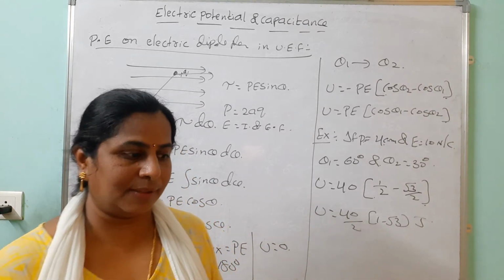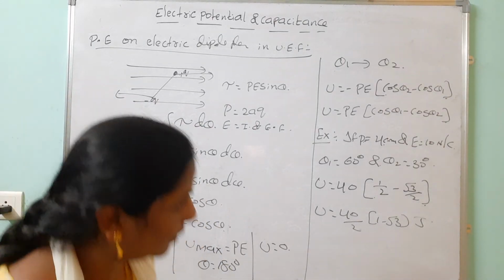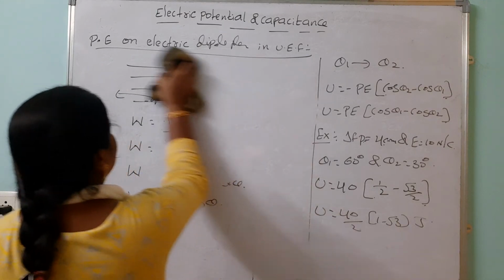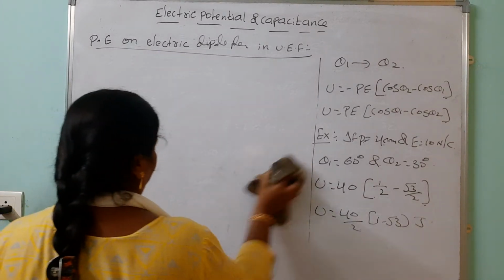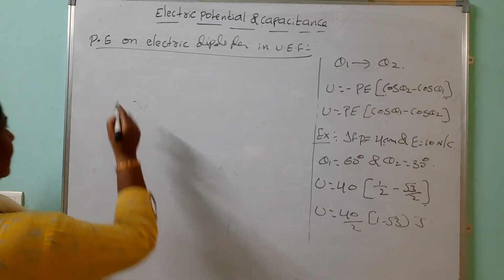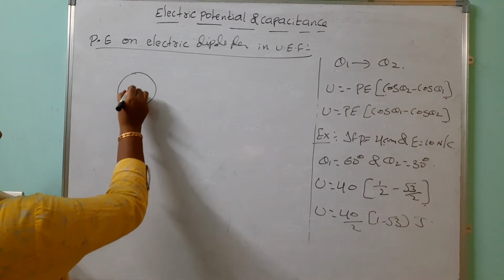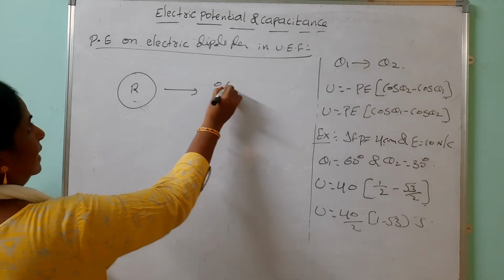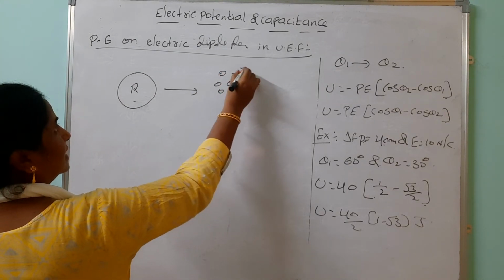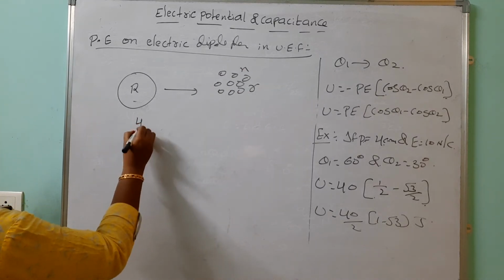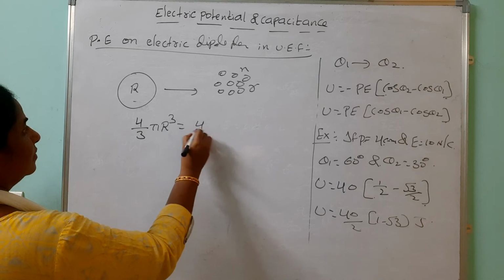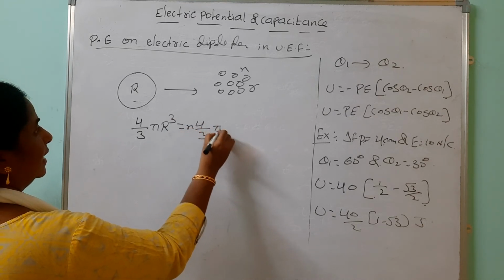And one more concept we can take, electric potential. Look, suppose one big drop is there. This radius is R. It is split into n number of drops. Each drop radius is r. Here volume is constant: 4/3 pi R cube equals 4/3 n into pi r cube.